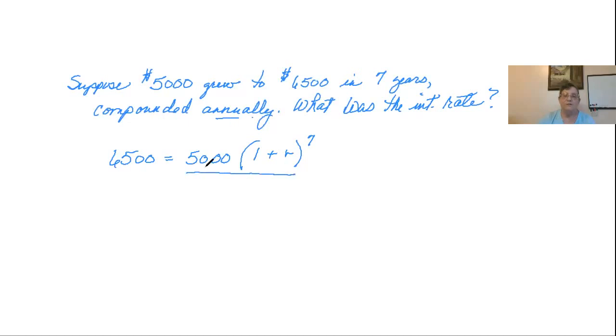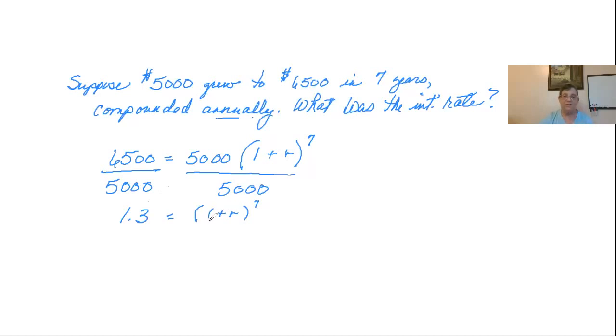When you've got a situation where you have both the A and the P values, I would suggest you divide those out. So I've got 6,500 divided by 5,000. This gives me 1.3 equals 1 plus R raised to the 7th.